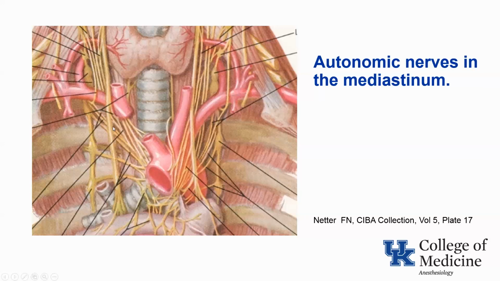And this is a diagram showing the various autonomic nerves coming into the heart, which is richly supplied by the autonomic nervous system. Here would be the parasympathetic vagal system, and you see the sympathetics coming off of the ganglia of the cervical spine, the thoracic spine.